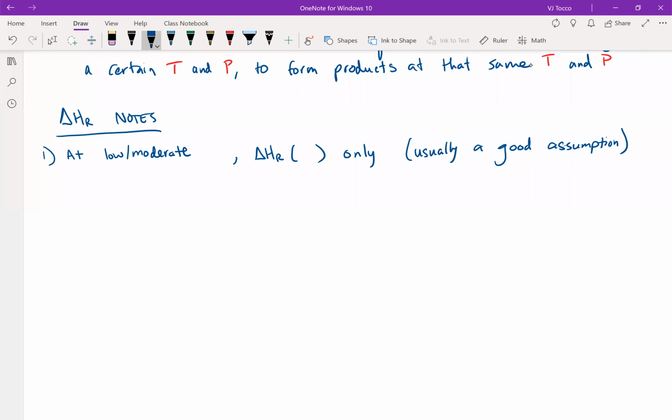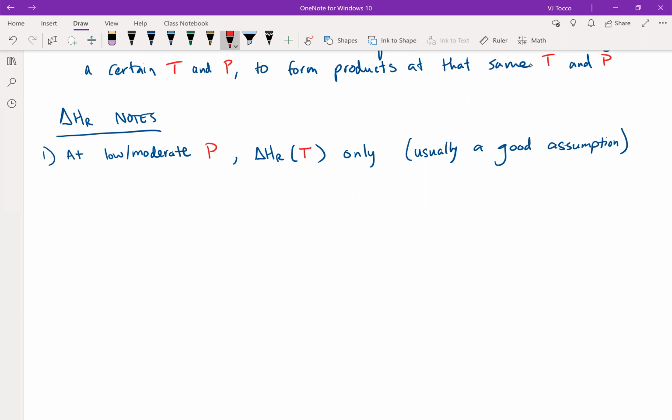Let's talk about a couple of notes about delta HR. The first one is that at low or moderate pressures, we can assume that the heat of reaction is a function of temperature only. Remember, this is mathematical notation that whenever you see parentheses like this, the variables inside the parentheses are the independent variables.